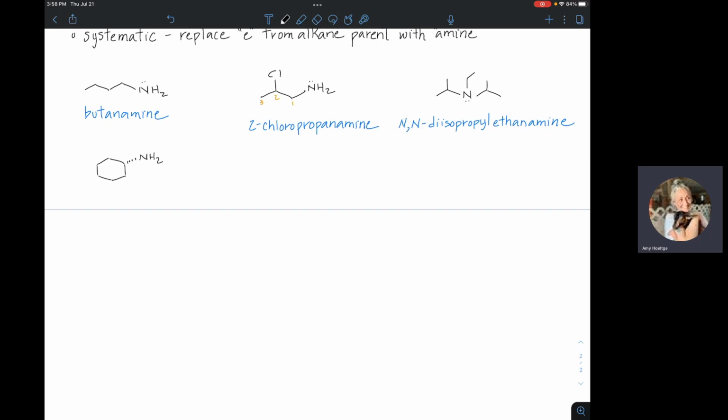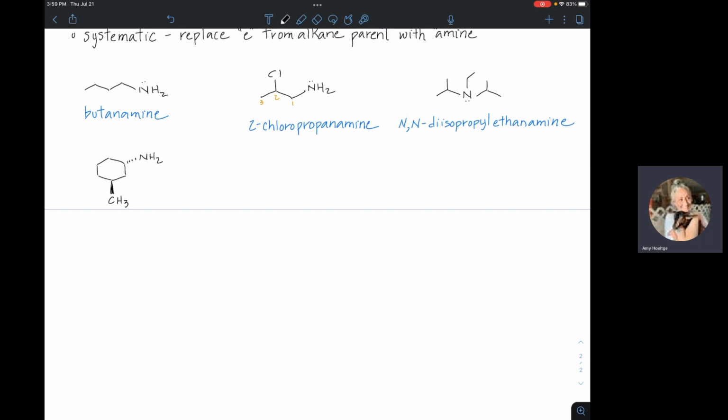But you could have another substituent on the ring. What do you do now? So here's the deal with the rings. The functionality that's going to take priority in this molecule obviously is going to be the amine, right? So the amino group is therefore, since it's taking priority, our amino group is bonded to carbon 1.